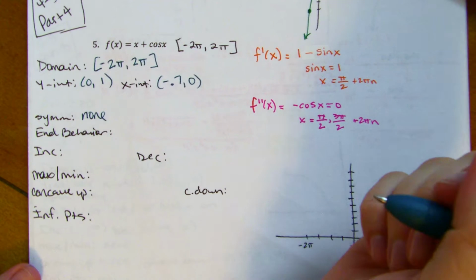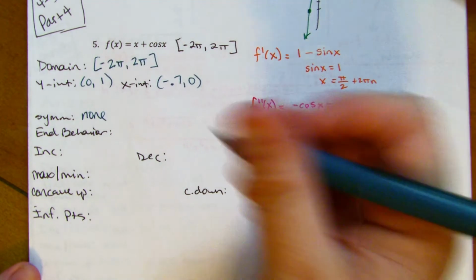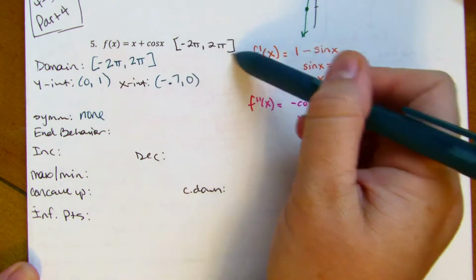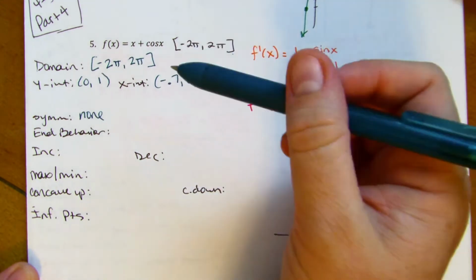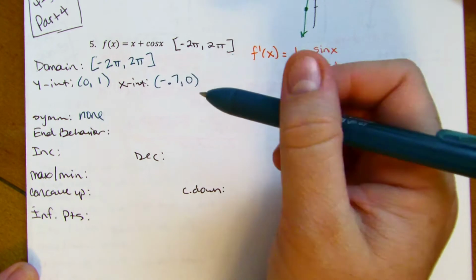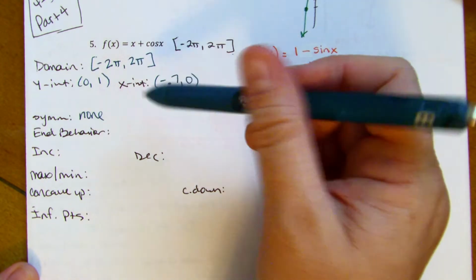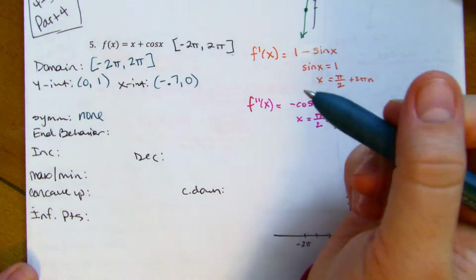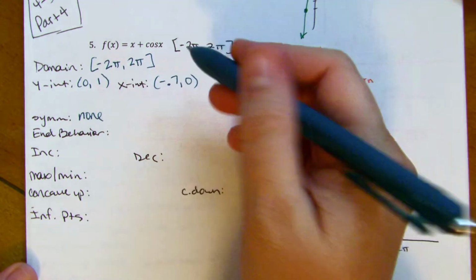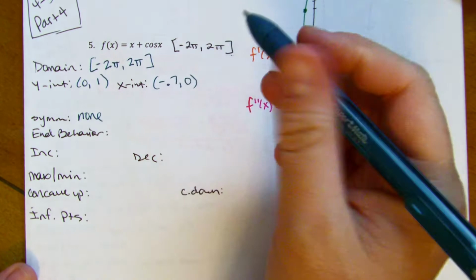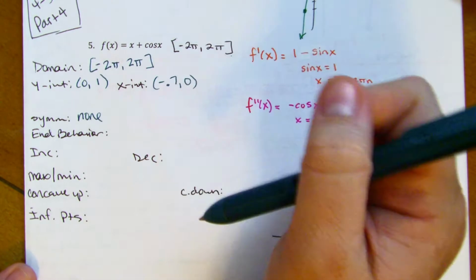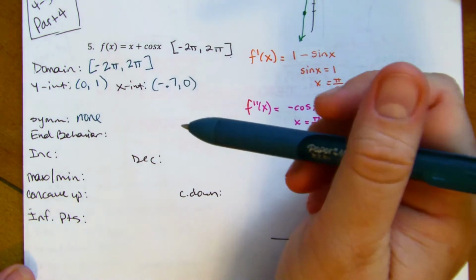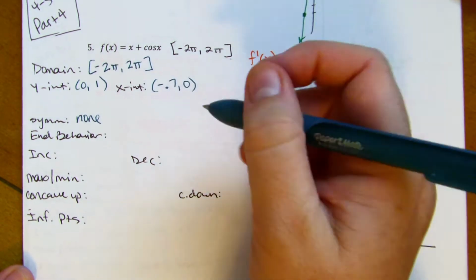And then end behavior, well, talking about end behavior when we have a defined interval here that we're looking at, we're not looking at what happens as it goes off to infinity. If I were to ask you what the end behavior is, it would really just be plugging in these values. So if we plug in negative 2 pi, well, that would be negative 2 pi, and cosine of 2 pi is the same thing as cosine of 0, which is 1.